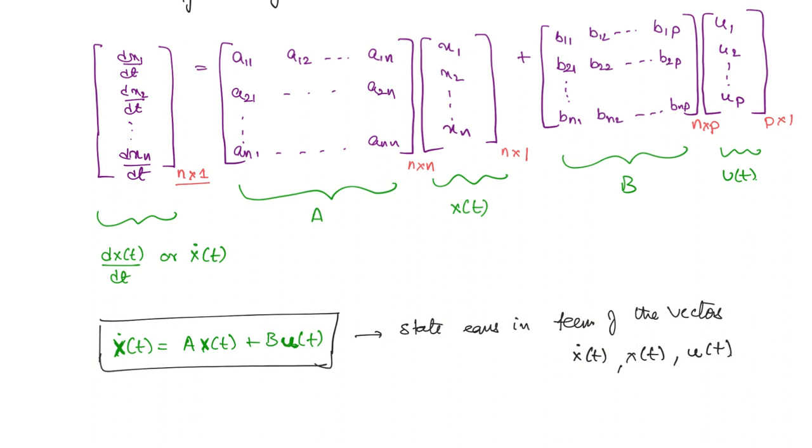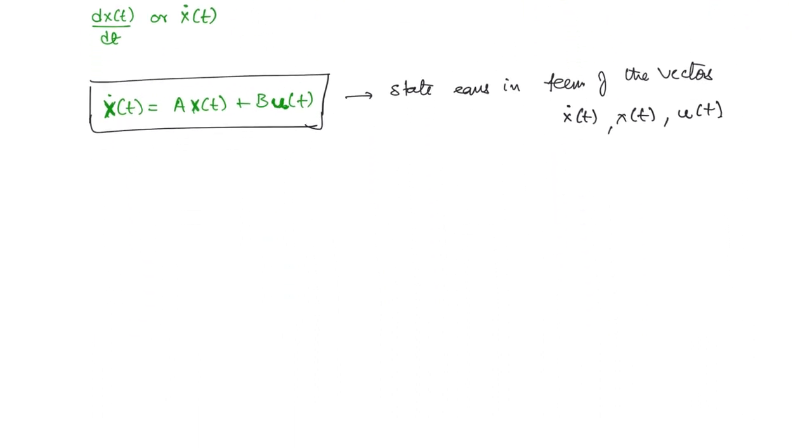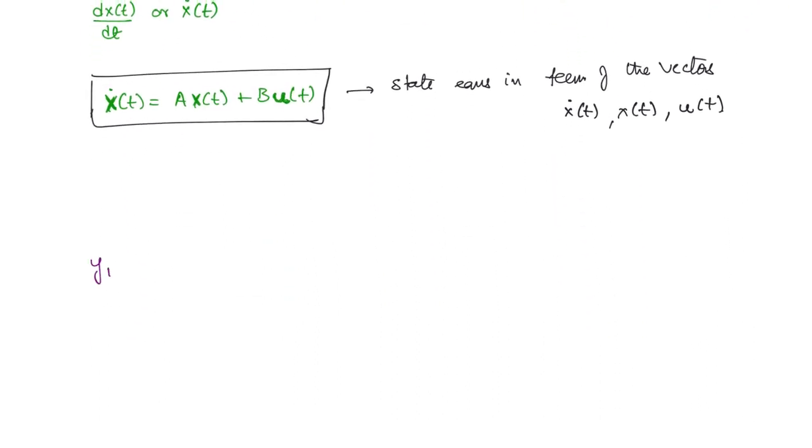Okay. Similarly, you can write the output functions as well. How did you write the output functions? If you take yi, you wrote it as gi of x1, x2 and so on till xn, u1, u2 and so on till up. For an LTI system, you can write in terms of constant coefficients.